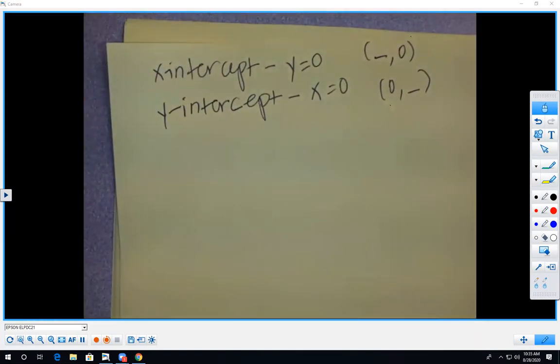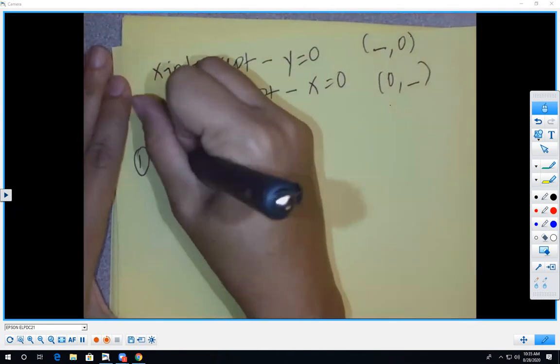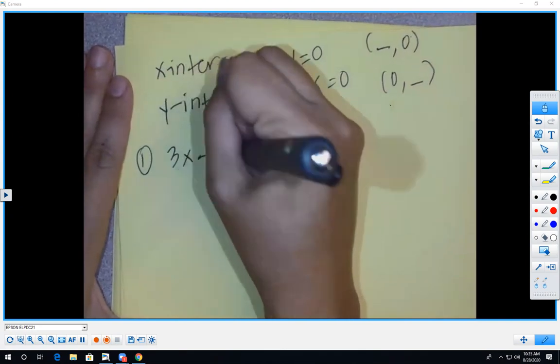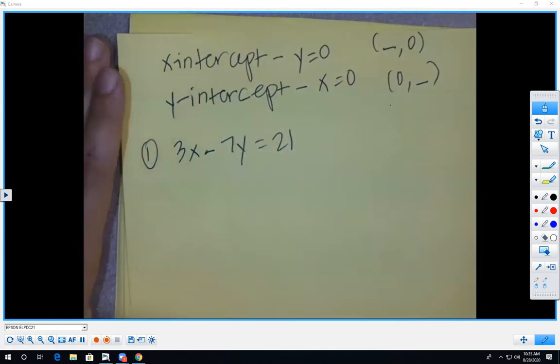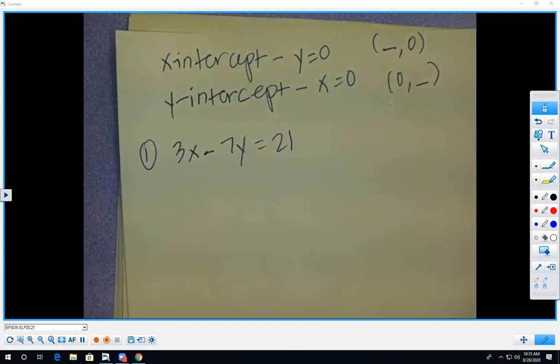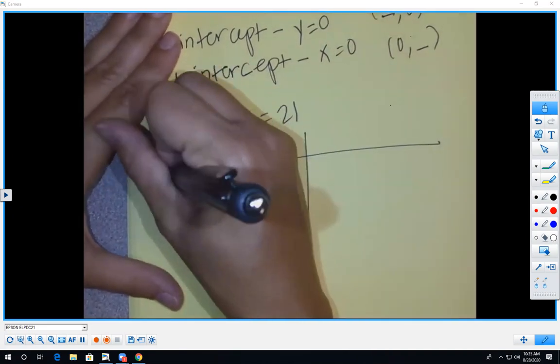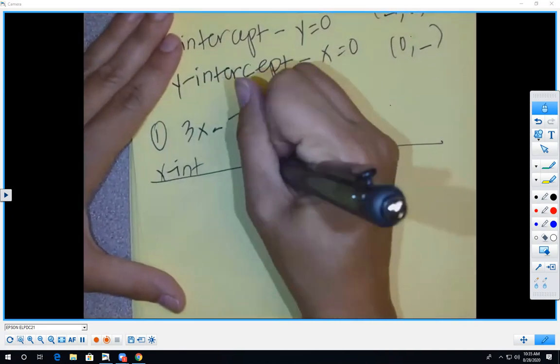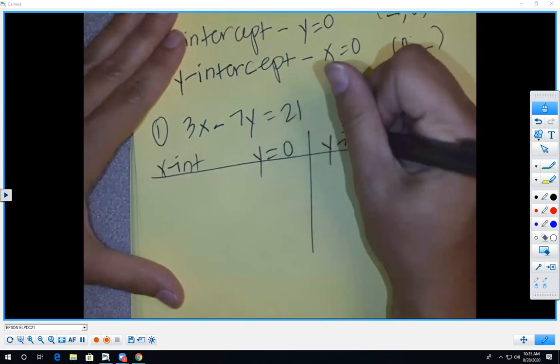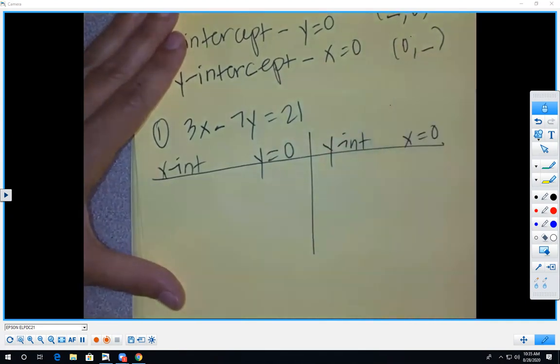So let's find the x and y intercept of this problem. Number 1, 3x minus 7y equals 21. So to find the x-intercept, I plug in 0 for y. To find the y-intercept, I plug in 0 for x.